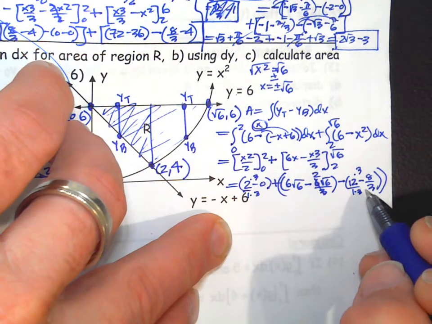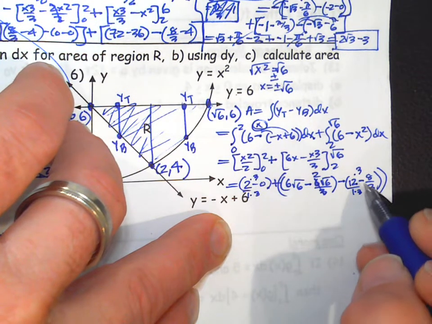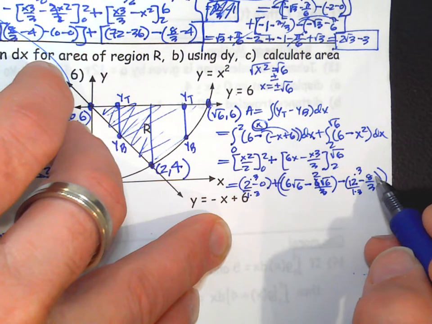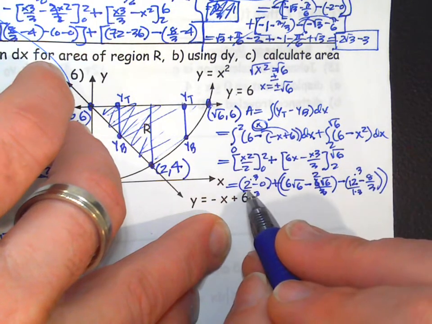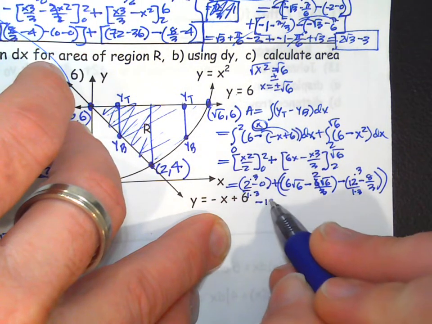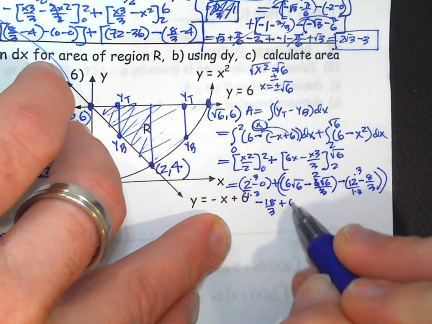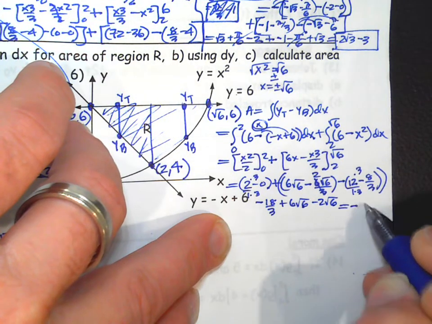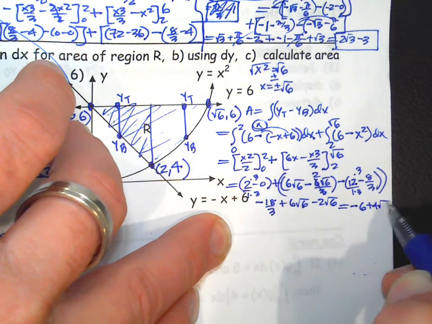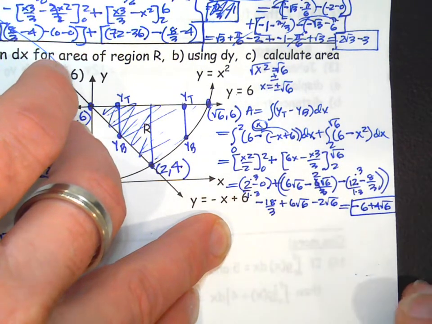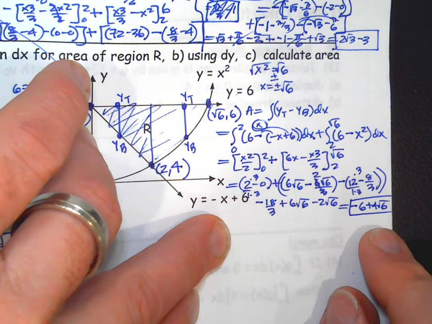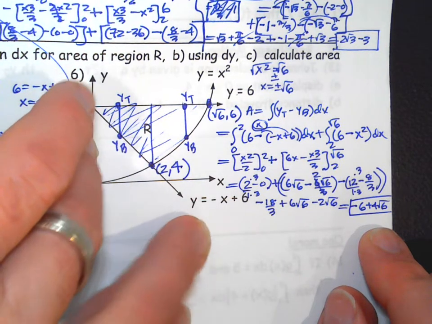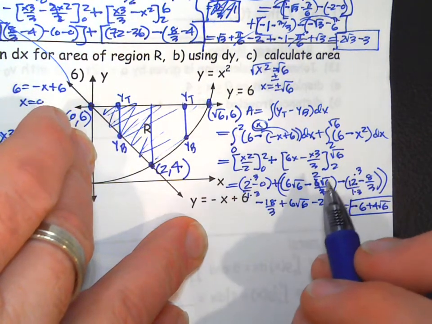So we got 36 minus 8 is 24 thirds, negative 24 thirds, positive 6, so negative 18 thirds, plus 6 root 6 minus 2 root 6 is going to be negative 6 plus 4 root 6. Now you can check on your calculator, that better come out to a positive answer. I'm getting a different answer than I got when I did it, so I must have made a little mistake somewhere.